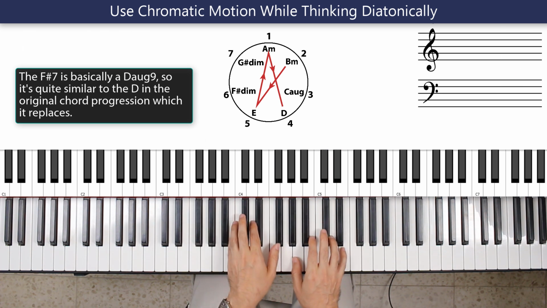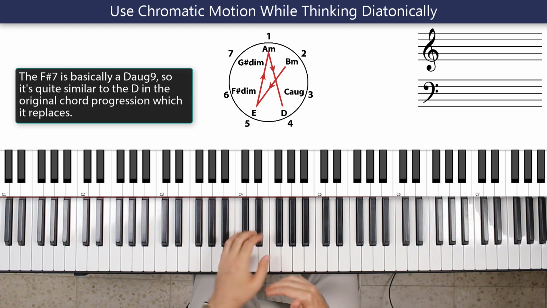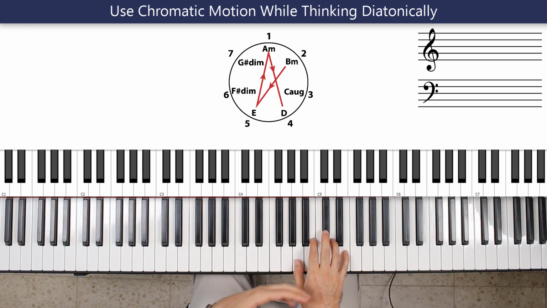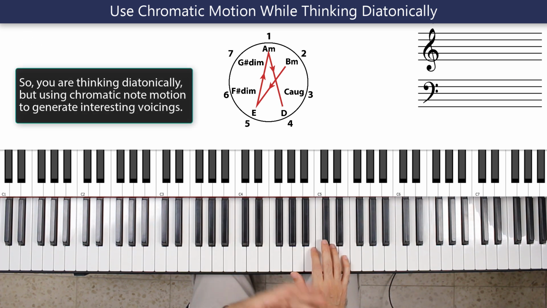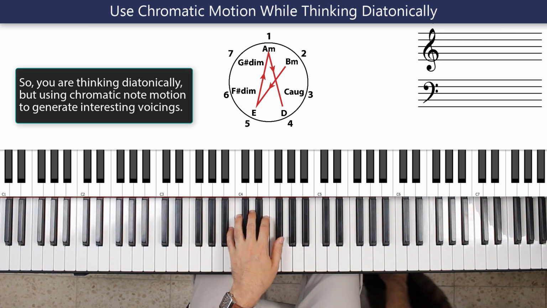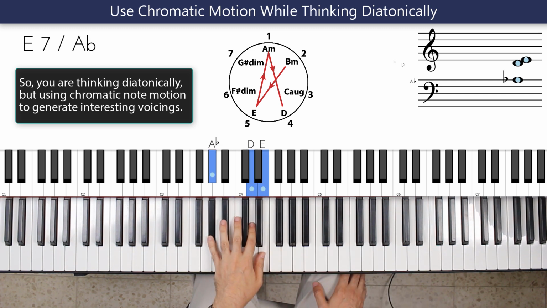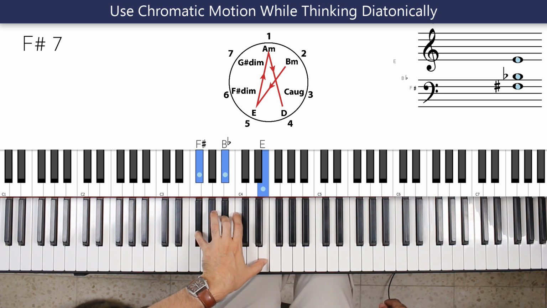So this particular progression marries together these 2 ideas: diatonic harmony, which is played in the left hand, and this chromatic approach to harmony in the right hand, as my cat says in the background. So if you look at the left hand, you're just playing a simple B minor to E dominant 7 to A minor to F sharp dominant 7.